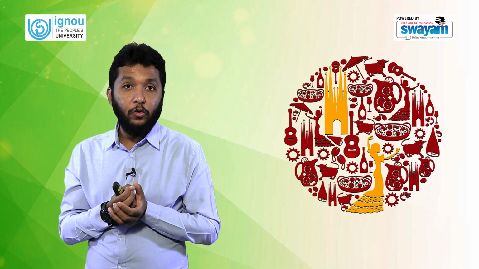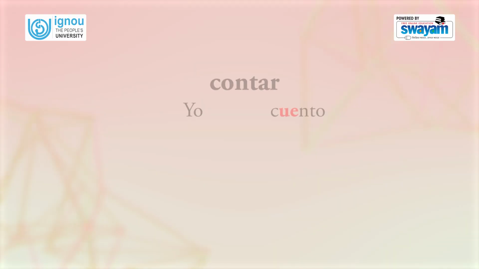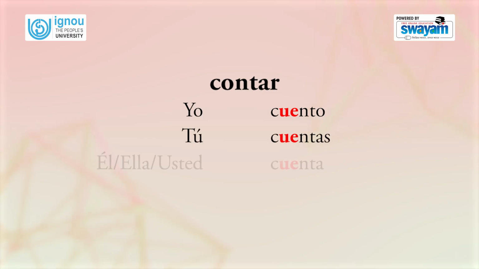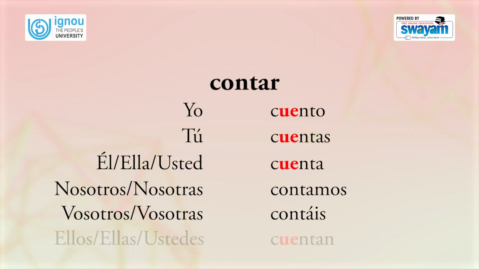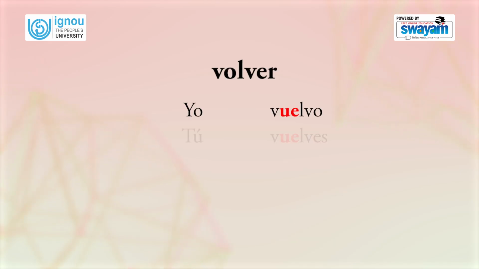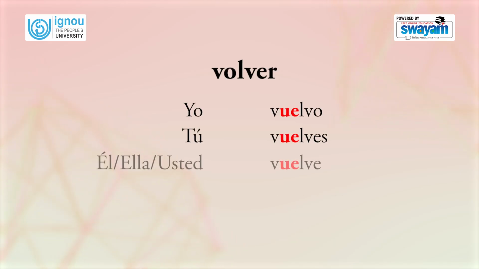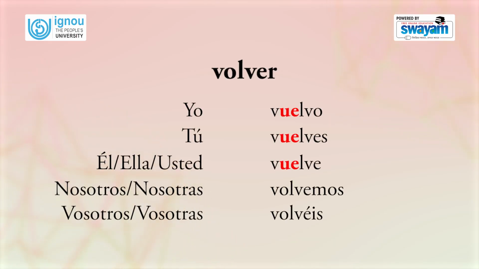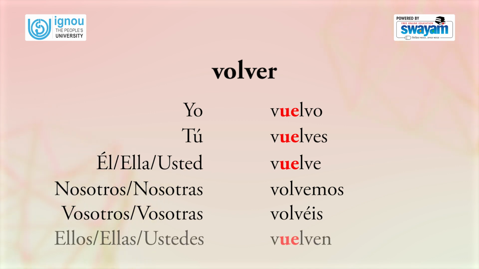So, contar, for example, becomes cuento, cuentas, cuenta, contamos, contáis, cuentan. Volver similarly becomes yo vuelvo, tú vuelves, él y usted vuelve, nosotros volvemos, vosotros volvéis, ellos y ustedes vuelven. Right? Volver is to return.